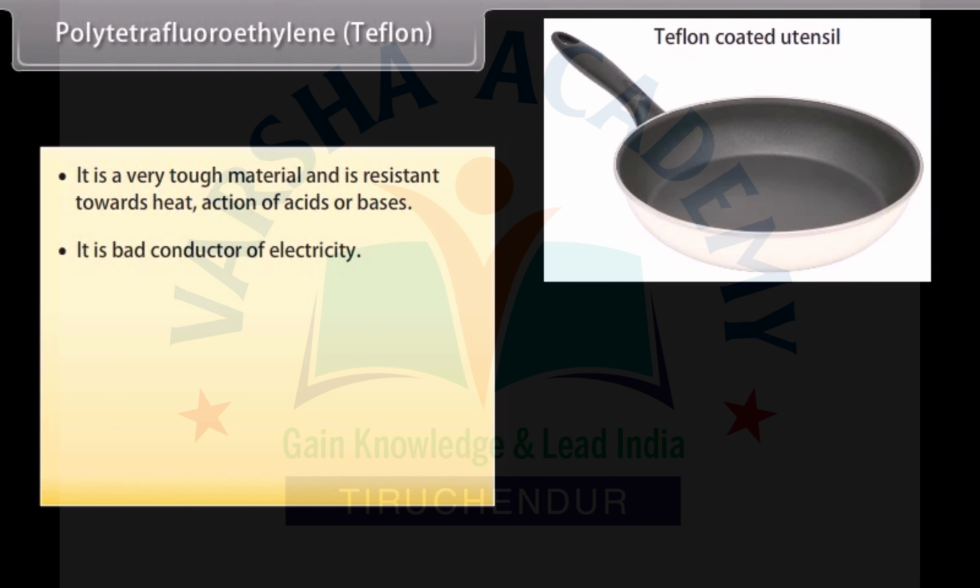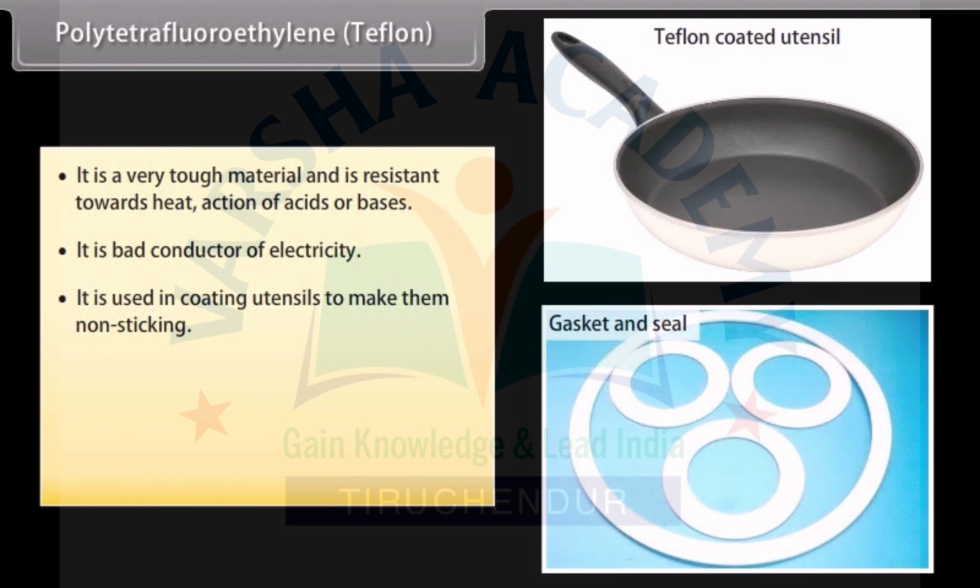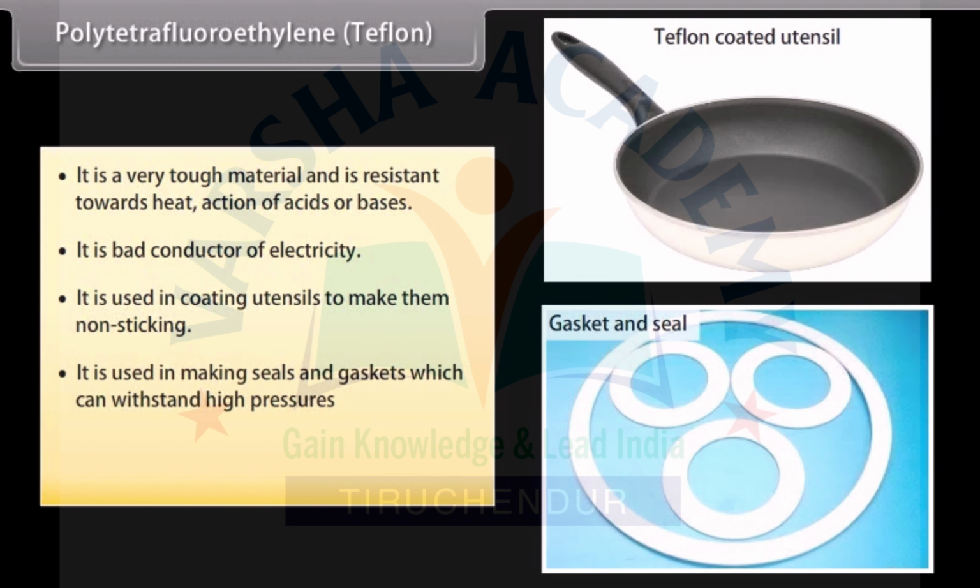It is a bad conductor of electricity. It is used in coating utensils to make them non-sticking. It is used in making seals and gaskets which can withstand high pressures. It is used as insulation for high-frequency electrical installations.